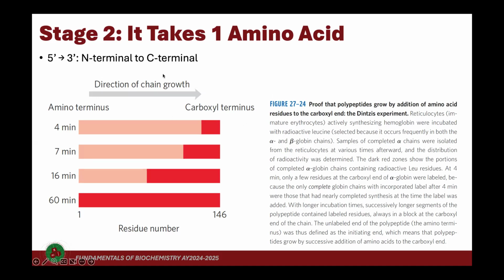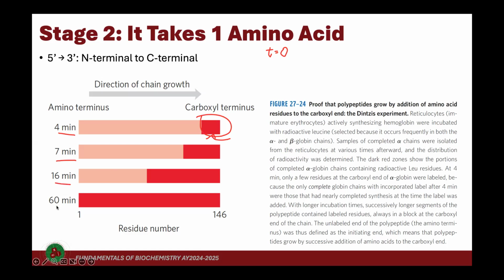At some point, T equals 0, they introduced the radio-labeled or radioactive leucine. And when they looked at the complete globin chains after 4 minutes, they only noticed the radio-labeled leucines near the C terminal.